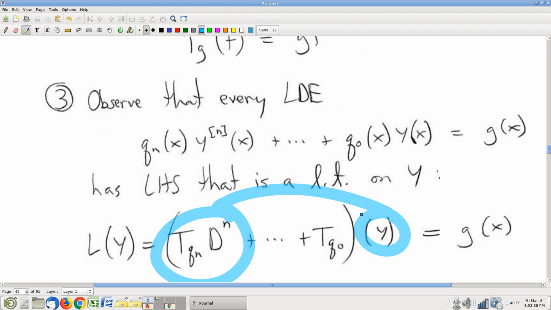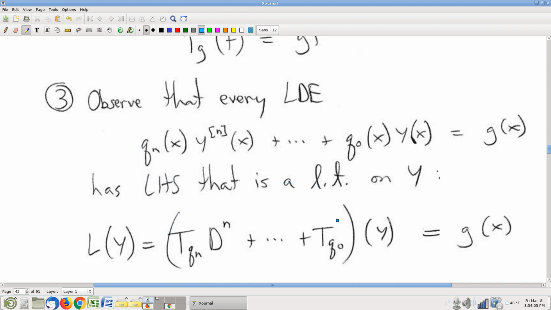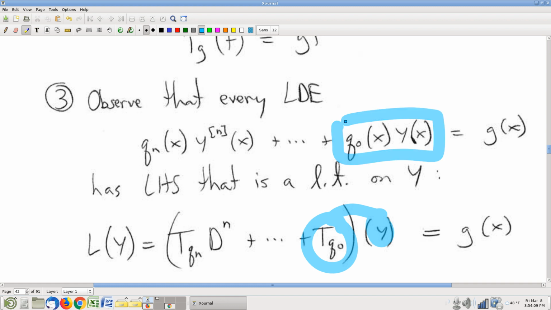Namely, we take n derivatives of y, and having taken n derivatives of it, we then multiply by this function called q_n. And notice that produces exactly that. It's exactly the same thing. We took y, we took n derivatives, and then we multiplied by this other function q_n. Likewise for the rest of the terms. This acts on y to produce that.